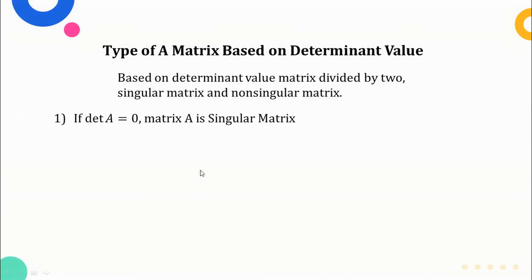For the singular matrix, if you find the determinant A or determinant anything with the value equal 0, that is called a singular matrix. How about the non-singular? If you find the determinant A is not equal to 0, that's a non-singular matrix. So now let's jump to the properties of the determinant.